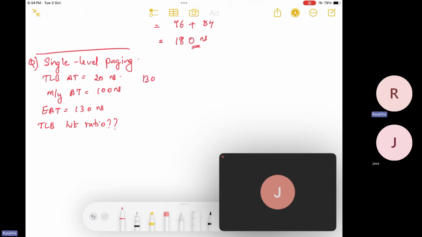So putting it in the formula, 130 equals X into (20 plus 100), where let's assume that the hit ratio is X, plus (1 minus X) into (20 plus 2 into 100).